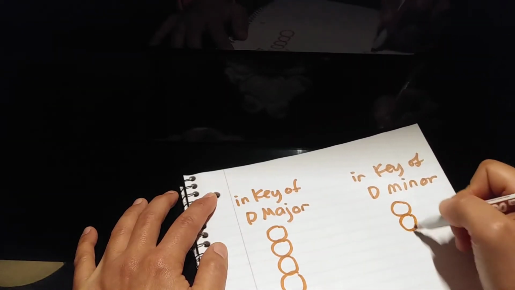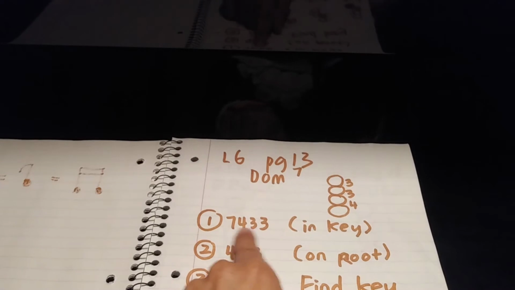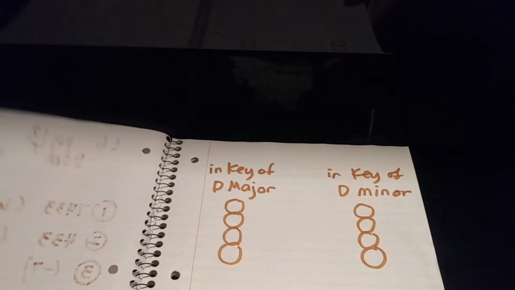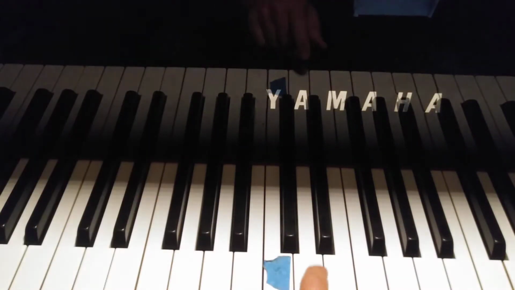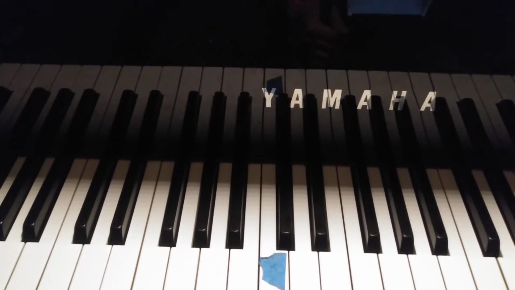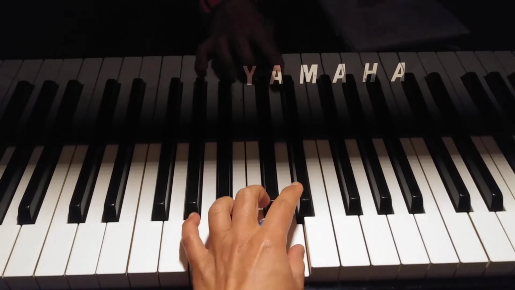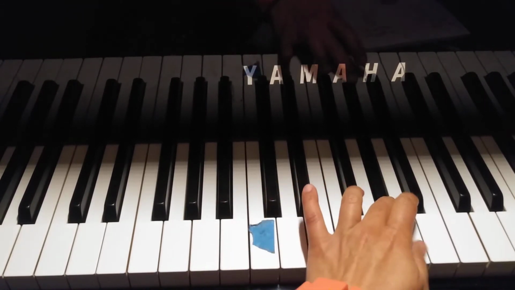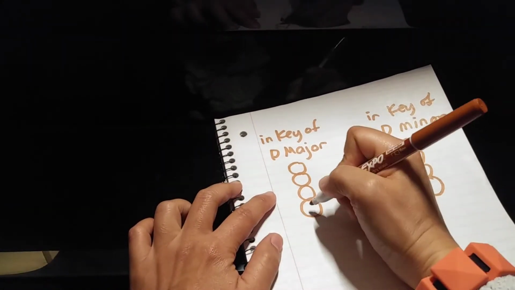According to what we learned, for "in the key of," you want to use 7, 4, 3, 3. So start from D and count 7 half steps: 1, 2, 3, 4, 5, 6, 7. You get A, so your root is A.